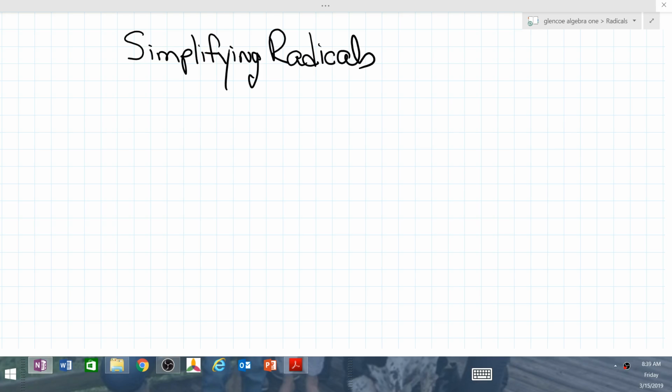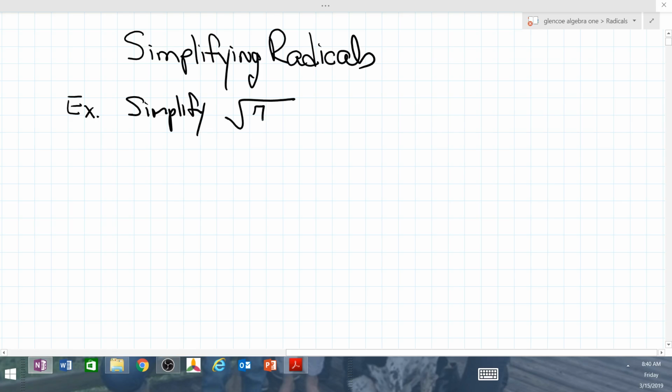So the other day, if you listened to the first part of the lesson, we talked about simplifying radicals, and we told you that there were two methods. So let's go ahead and look at an example here. If we want to simplify radical 72, method number one would be prime factorization.